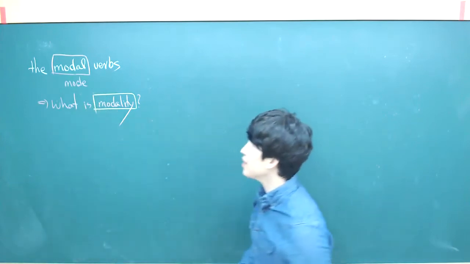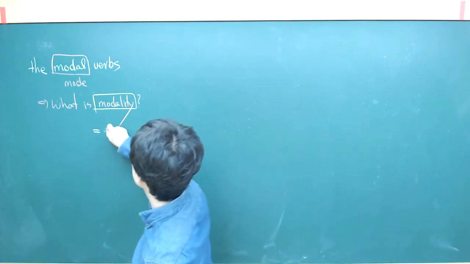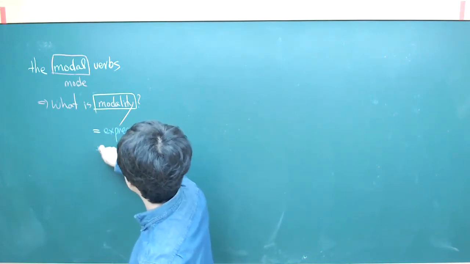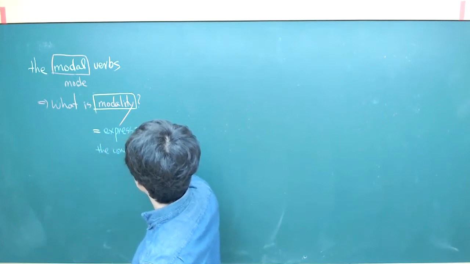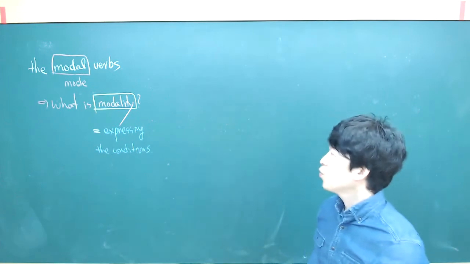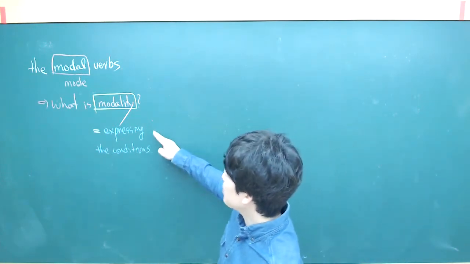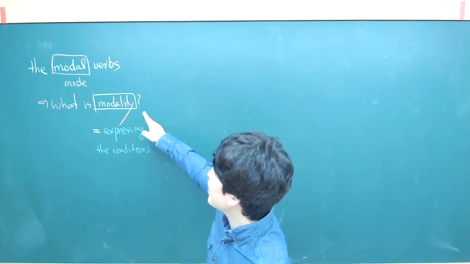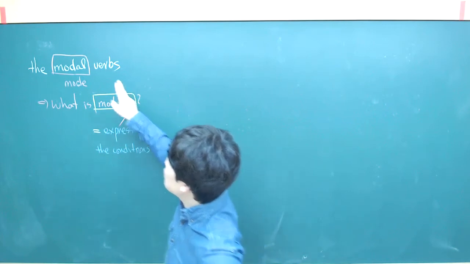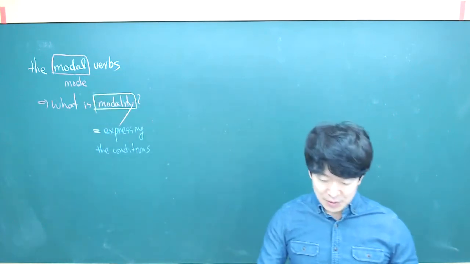Then what is modality? Modality means expressing conditions. What conditions are you in? So in order to express condition, we can use modality. And in grammatical concept, we can use modal verbs. That's the concept of the modal verbs.